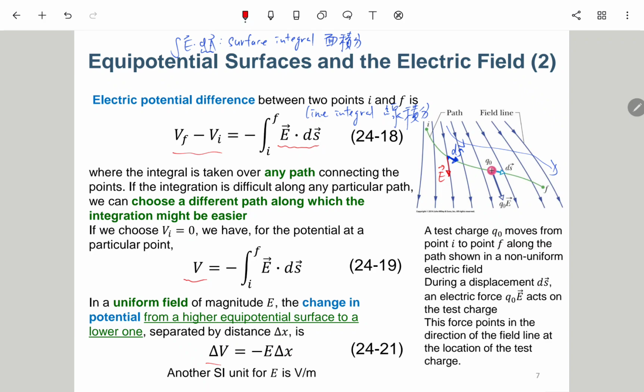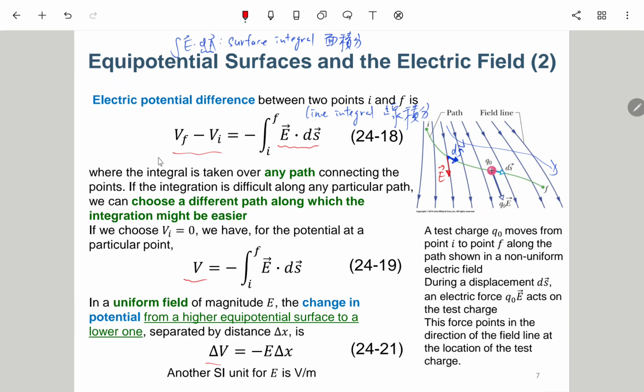Sometimes we call it a delta V, but they sometimes just mean the same thing. So for the definition of the electric potential, it is actually this line integral. So you take the line integral E dot ds from the initial point to the final point, and then don't forget the negative sign. Don't forget the negative sign.